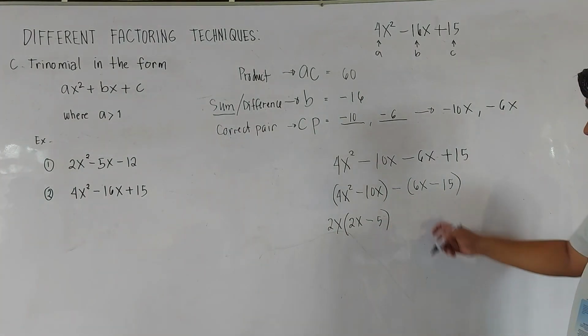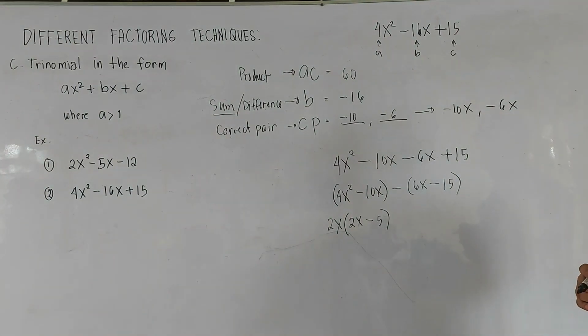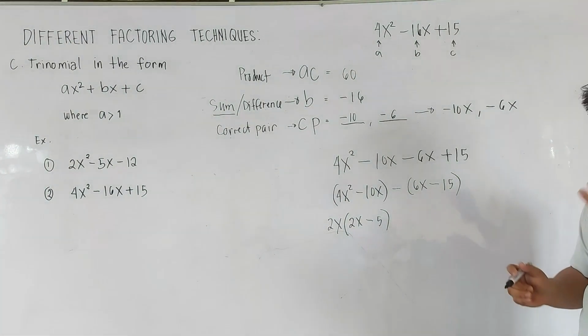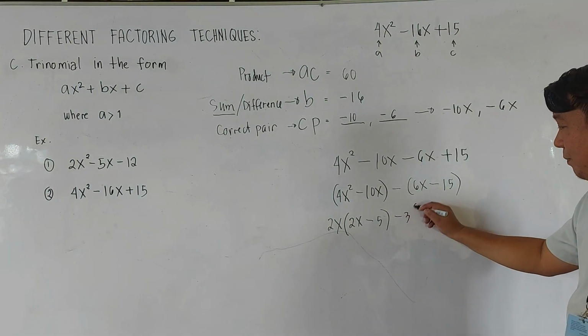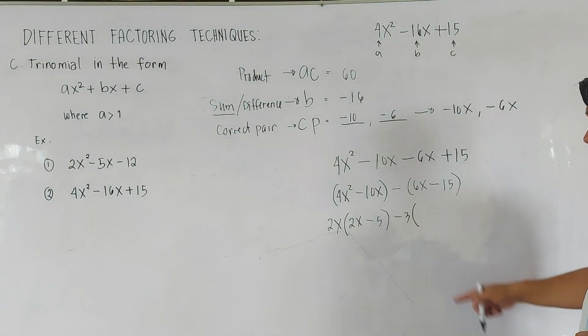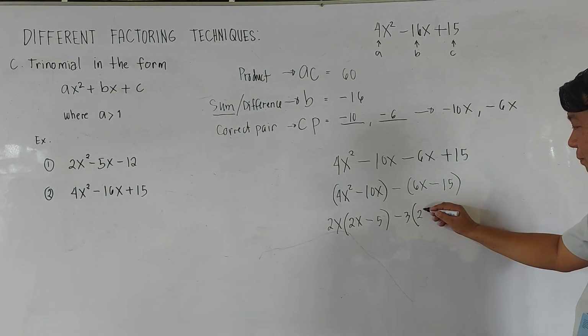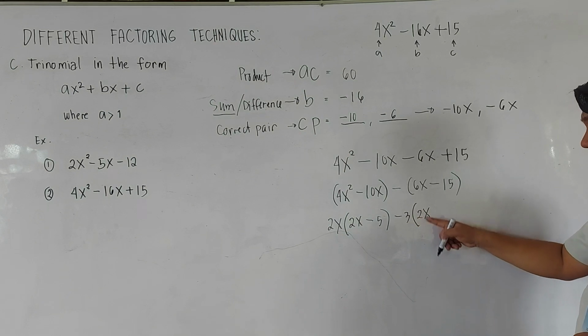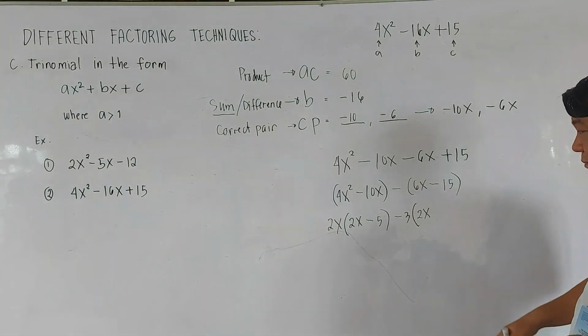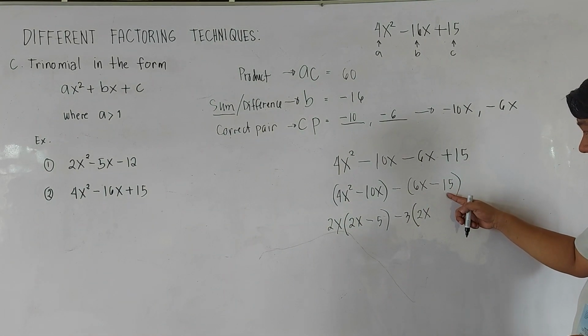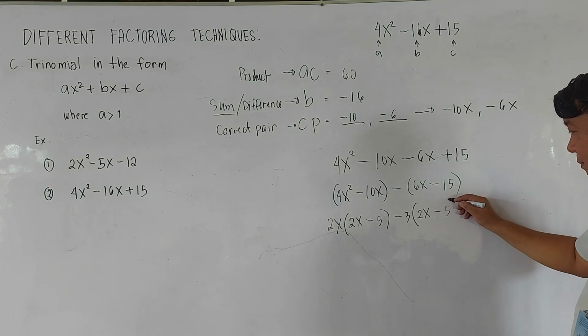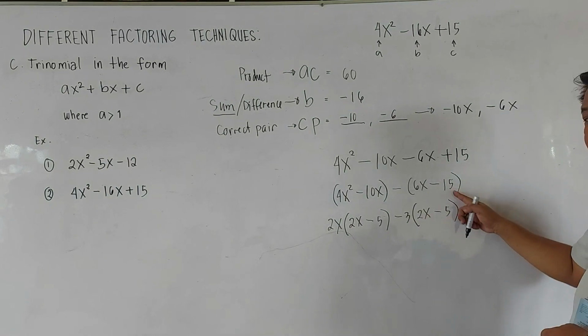Okay. So dito, ang common factors naman natin dito ay, I think, 3. So minus 3. So para maging 6x, i-multiply natin siya sa 2x. Negative 3 times 2x, it's 6x. At dito naman ay 5. 3 times 5, it's 15.